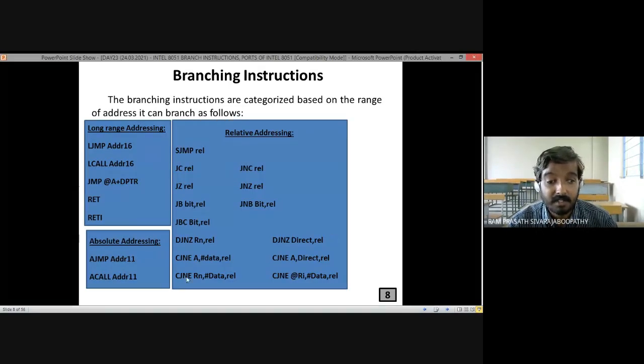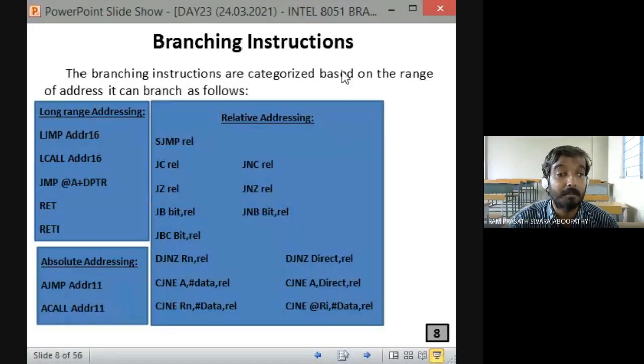Yes, CJNE means we have to give two parameters. One can be a register content, the other can be immediate data. One from accumulator, the other can be immediate data, or it can be from a RAM memory location. Similarly, you can do it with register with immediate data, Rn, that means R0 to R7. Any register you can replace here.